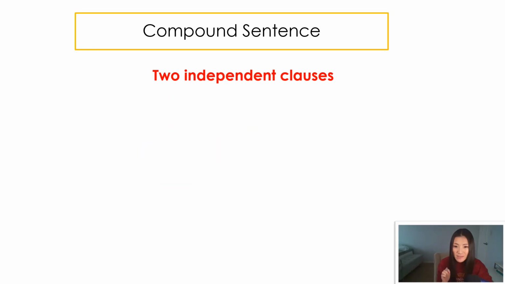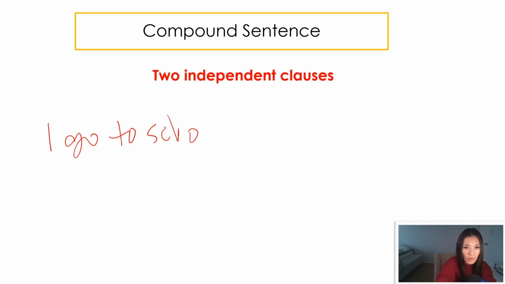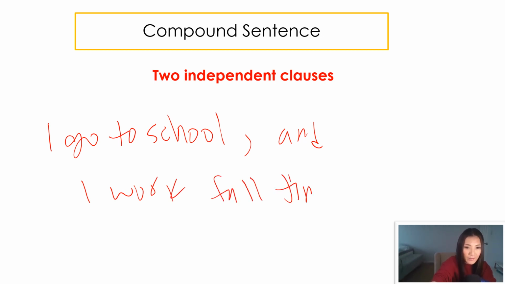A compound sentence needs 2 independent clauses. So for example, "I go to school, and I work full-time." Oh, I'm sorry about my writing. So "I go," subject verb. "I go to school" is an independent clause, and "I work full-time" is another independent clause. So we have 2 independent clauses within one sentence.